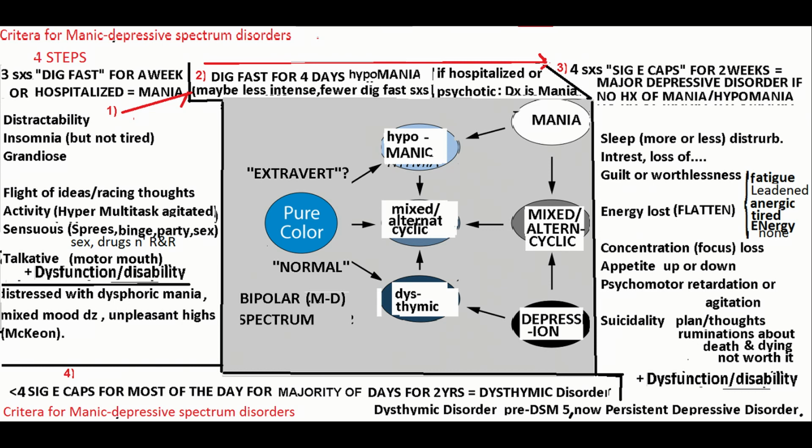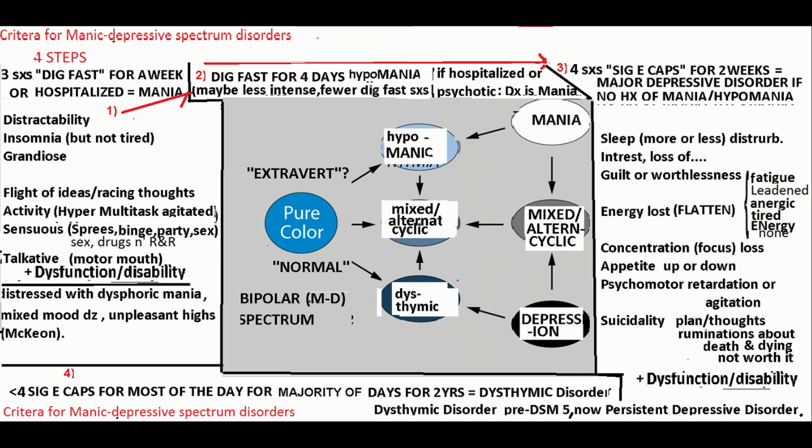And you can read them there. This lost energy here, I got this little mnemonic that says FLATTEN. And what that means is fatigue, leaden energy, tired, and no energy. And this leaden means people will be so fatigued that they will report that their limbs feel like lead and they have a very hard time moving.